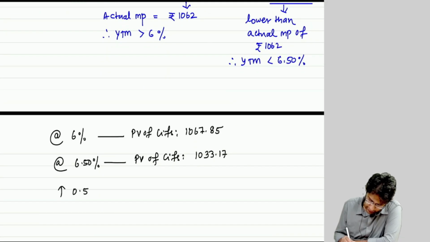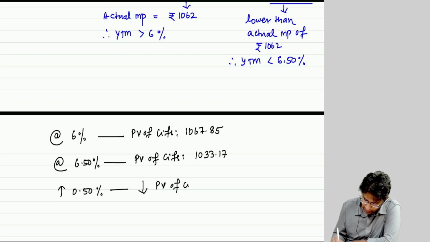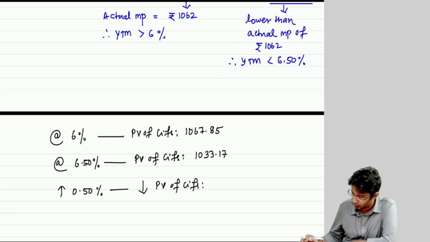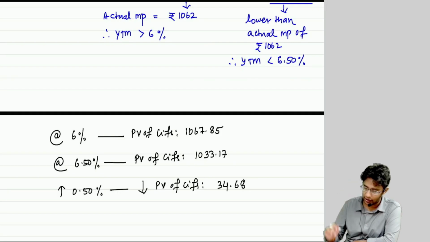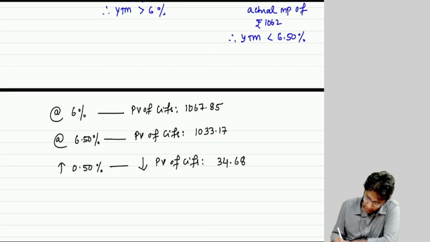For an increase of 0.5%, we observed a decrease in PV of cash inflows of 34.68 rupees. How much do I want?